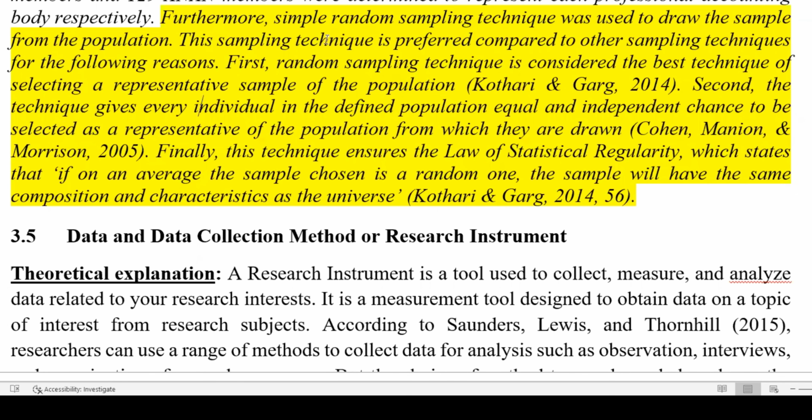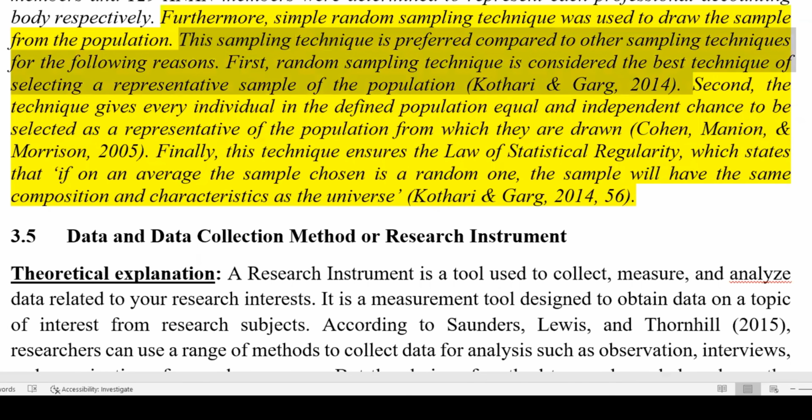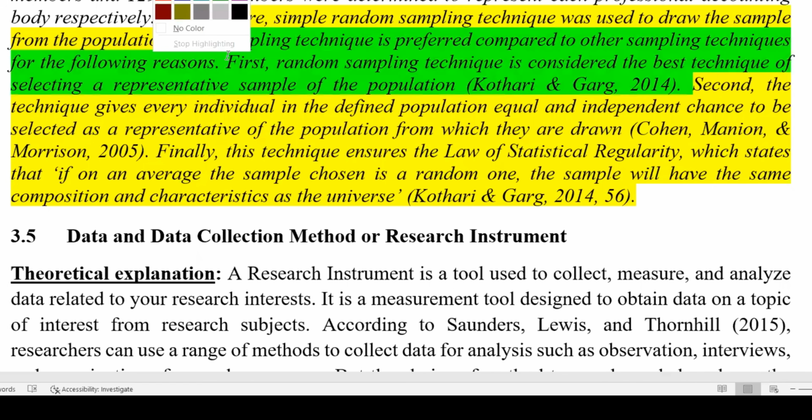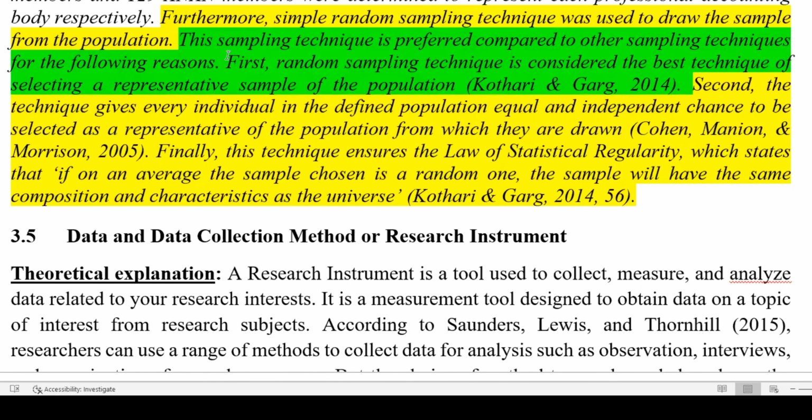So simple random sampling is used. Now look at the justification. I'm highlighting it. You can give one reason or two, but let it be strong. You don't need to give four reasons. Now see, the sampling technique is preferred compared to other sampling techniques for the following reasons.